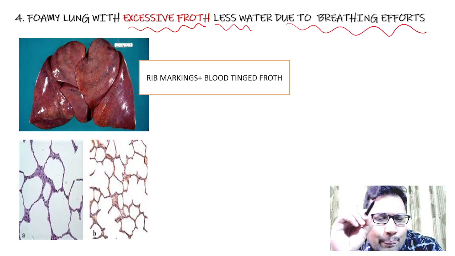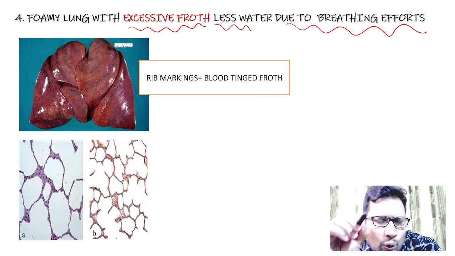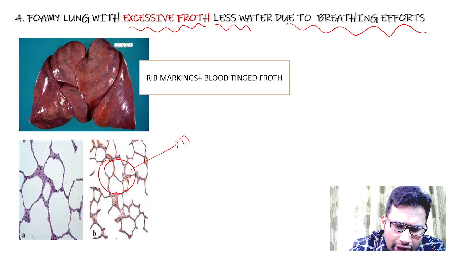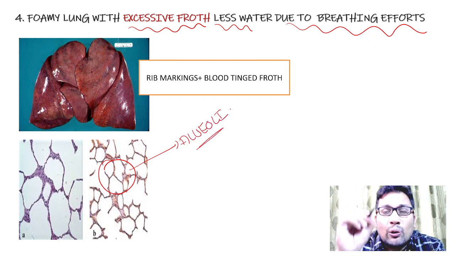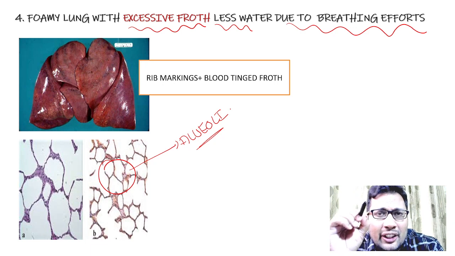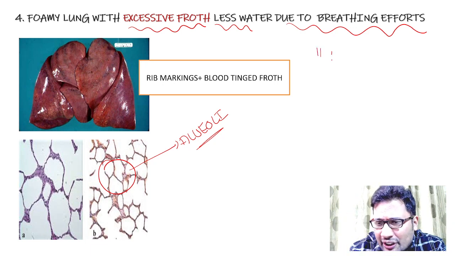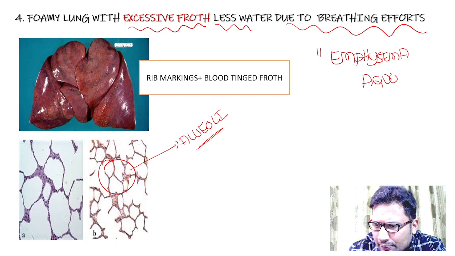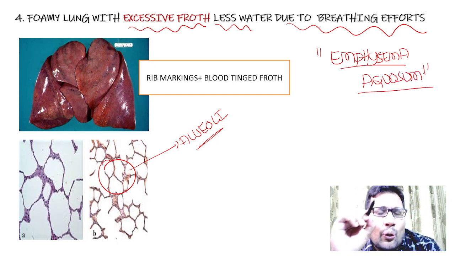Whenever you see rib markings, blood tinged froth, and also a break in the alveoli, you can see the alveoli here, and there is a break in the alveoli. So this must be a condition known as emphysema aquosum. This is the feature of conscious drowning.